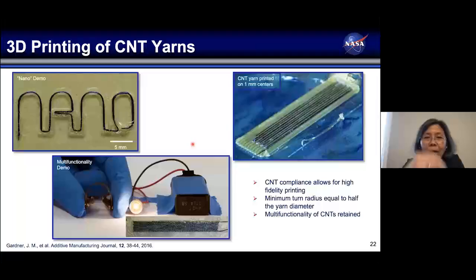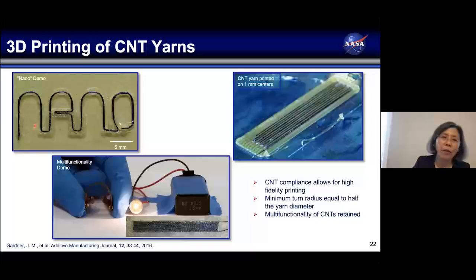And we were fortunate to have been sponsored for an incubator by the center. And what we did there was to couple two highly hyped technologies, carbon nanotubes and 3D printing. At that time, there was no 3D printer that could handle carbon nanotube yarn. And so we had to build our own printer.